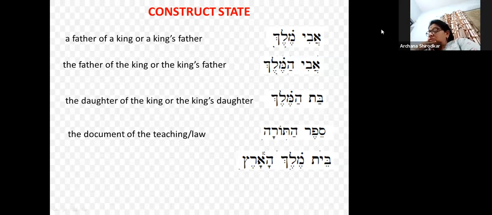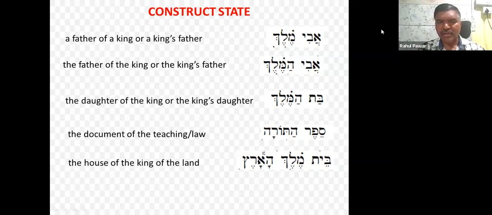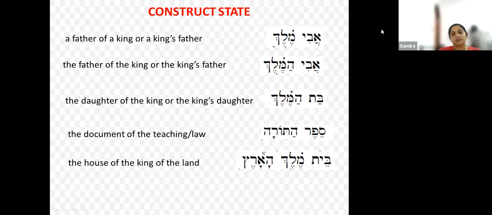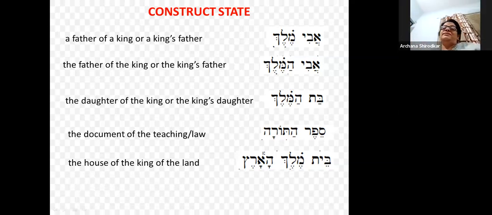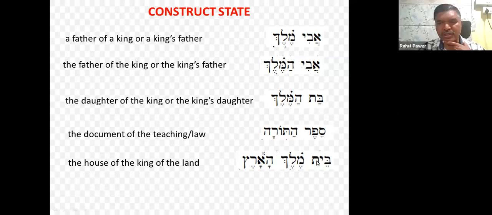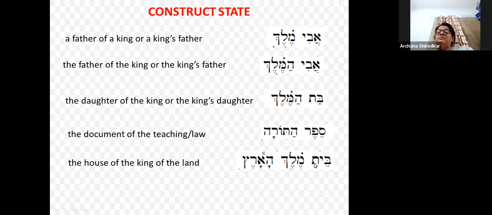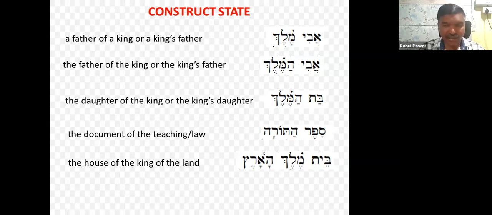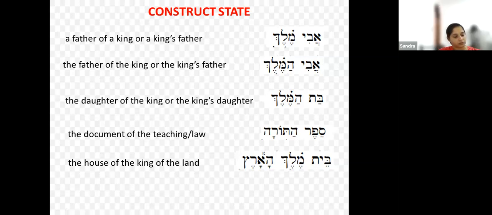The house of the king of the earth, or king of the land. The house of the king of the land. Now see here, there are two words, Beth and Melech. These two words are in construct state, connected with the one absolute state, and that is Haaretz.